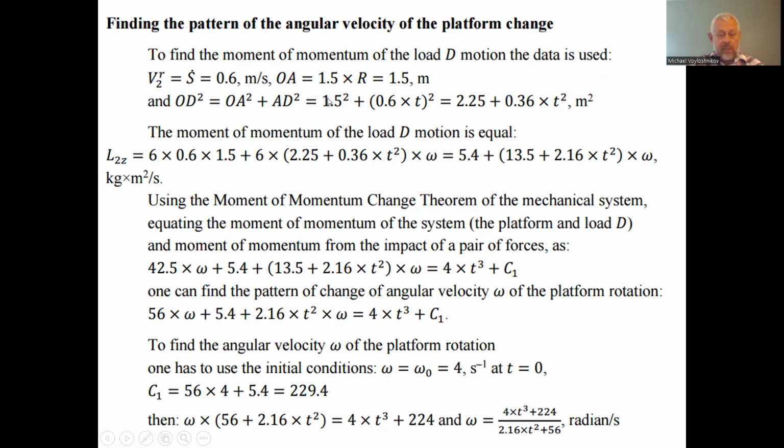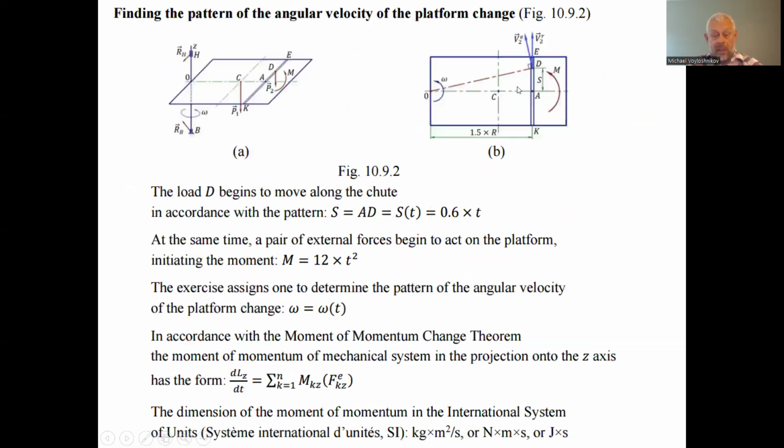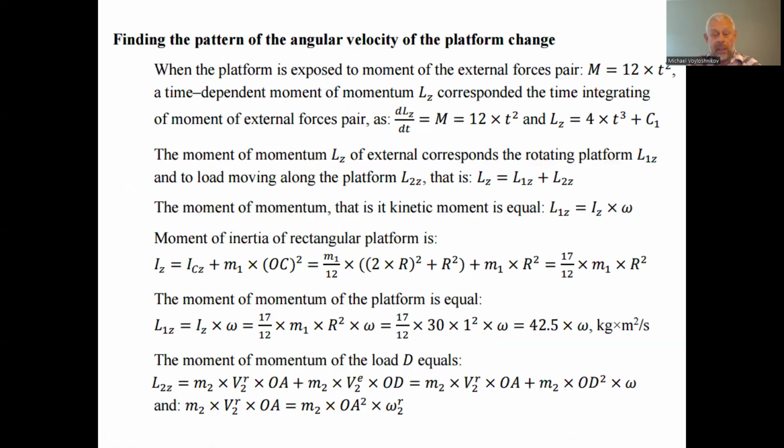So we have one leg, 1.5 squared. We need squared OD. And the second leg is s, the assigned magnitude 0.6 multiplied by t, squared. So we consider two legs: the first leg 1.5 r, where r is 1 meter, and the second leg s, assigned 0.6 multiplied by t.